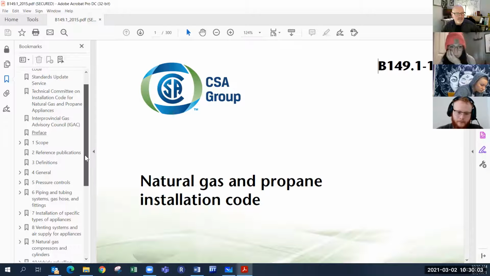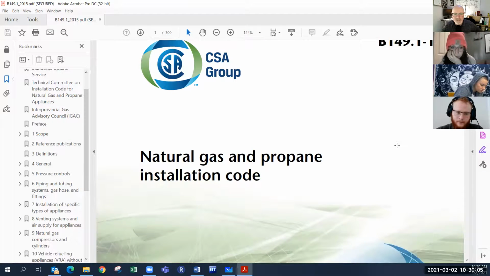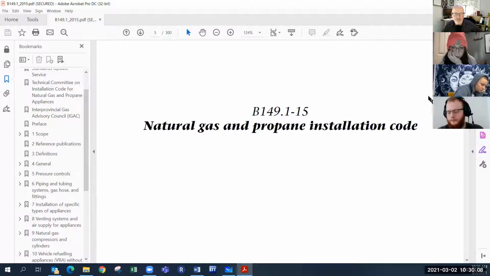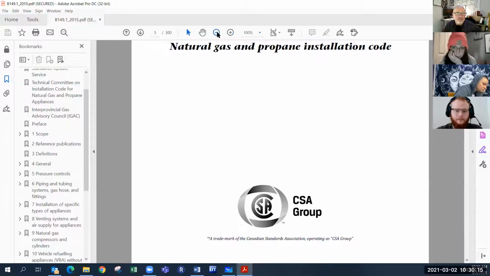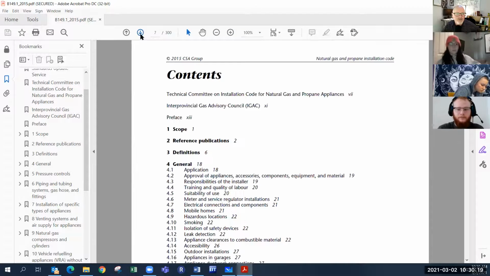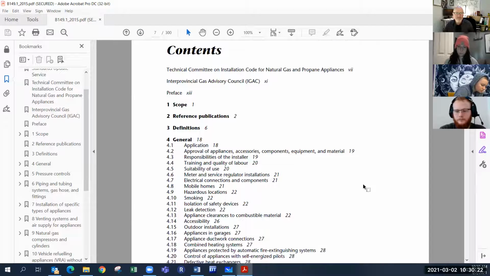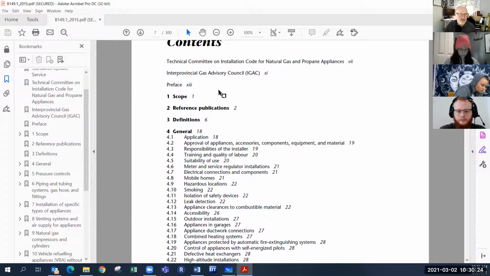Now, as you can see, in this code book there's a little bit of, let me say, vernacular on the top. Let me just get it a little bit smaller. There we go. And if we go through these pages, right on the contents here, we have the scope of what this code book is about. In section 1 is the scope. 2, we have reference publications. 3, definitions.